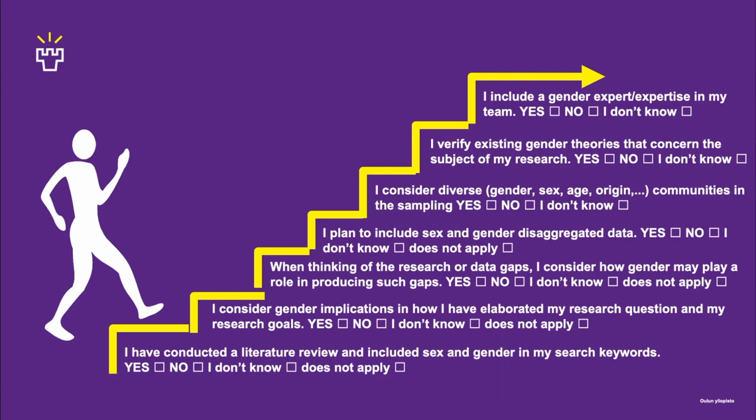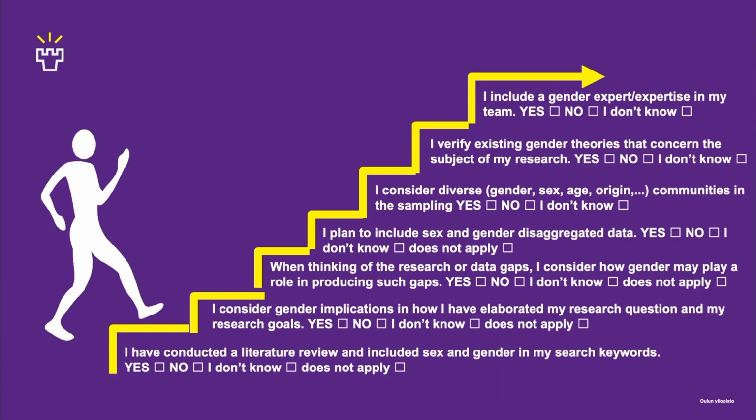In each of these questions, you can evaluate whether you have done the proposed action, whether it is even important. So therefore, there are these 4 options: yes, no, I don't know, does not apply.